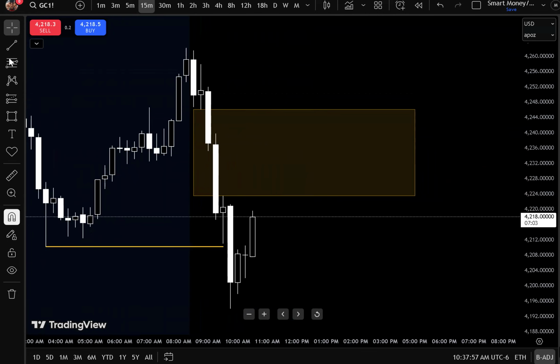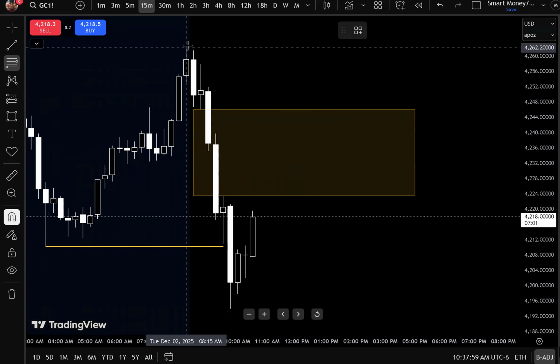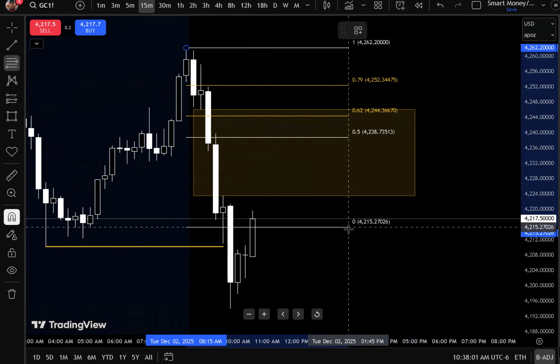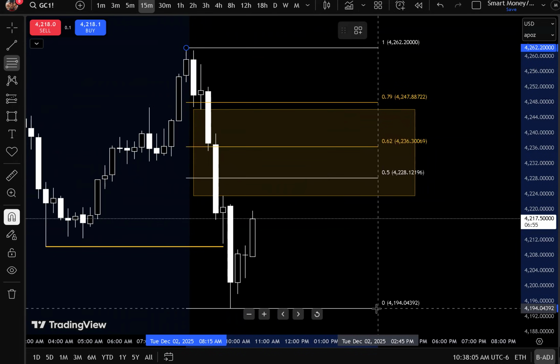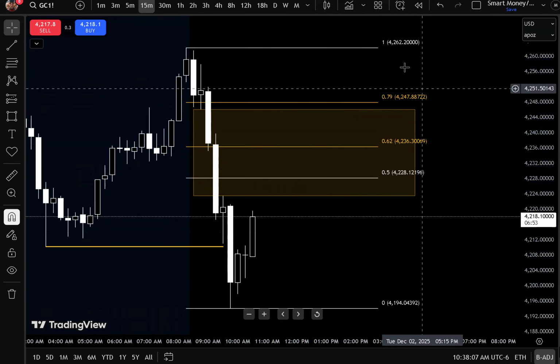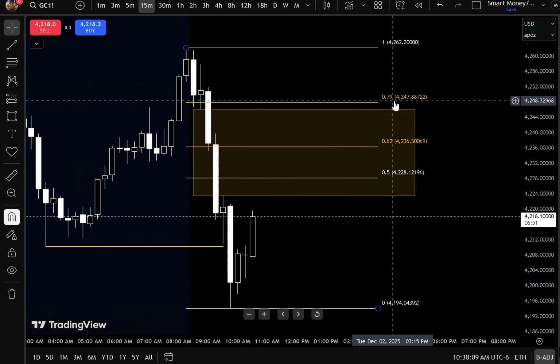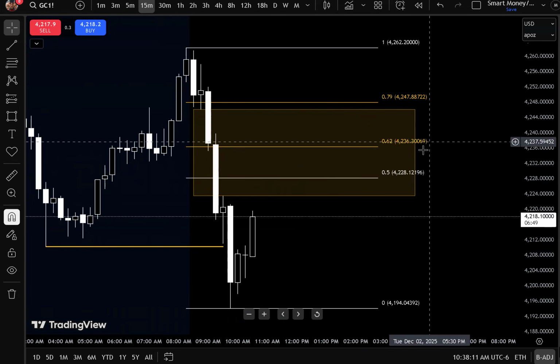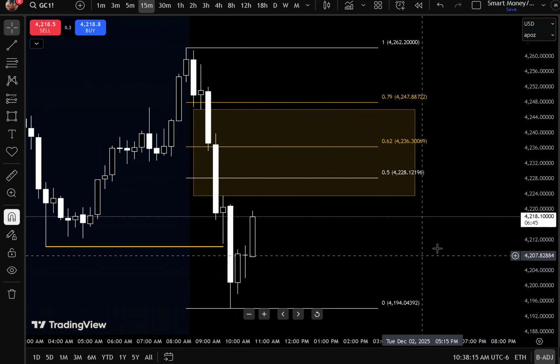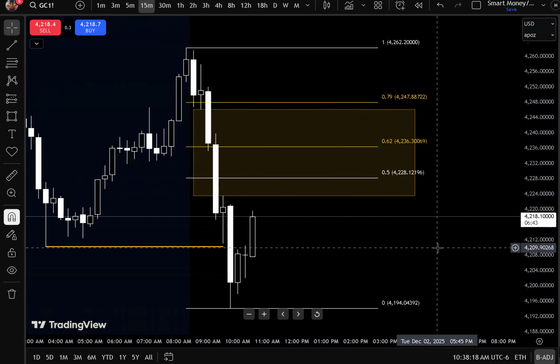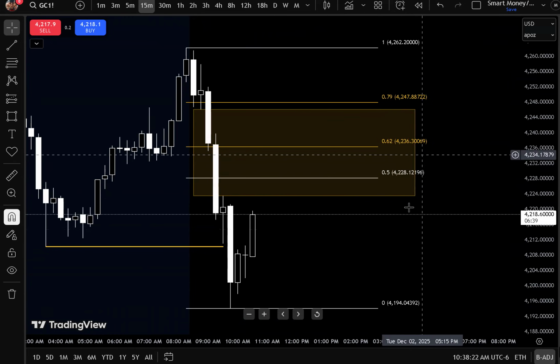Here's what I use. It's called optimal trade entry, the Fibonacci. All right. So the settings for your optimal trade entry fibs are 1, 0.79, 0.62, 0.5, and 0. All right. Now, these settings here are called optimal trade entry.